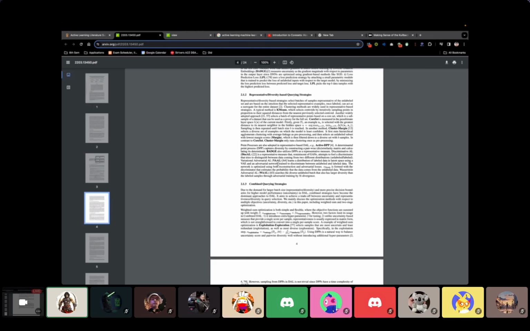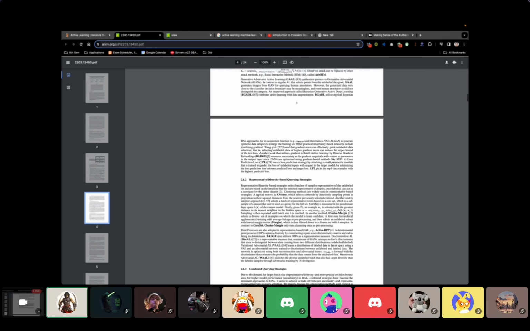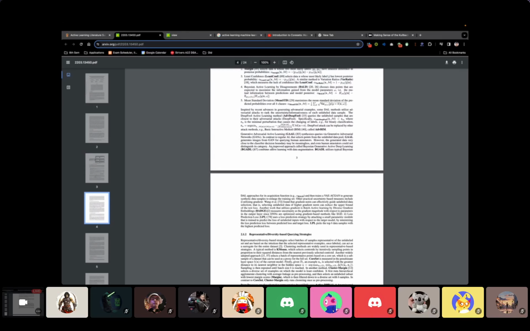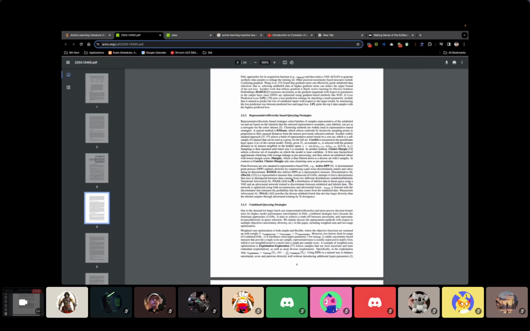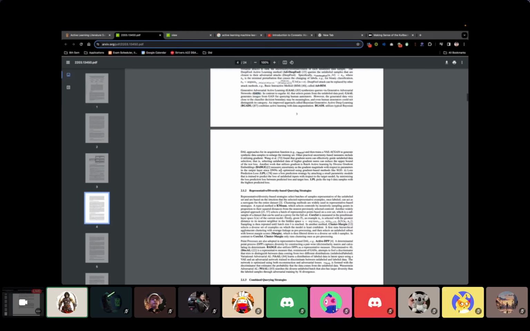And the complex methods essentially either differ on the type of model, for example generative adversarial active learning using GANs, or they use specific models or a simple framework.